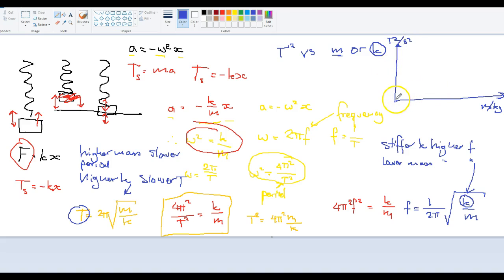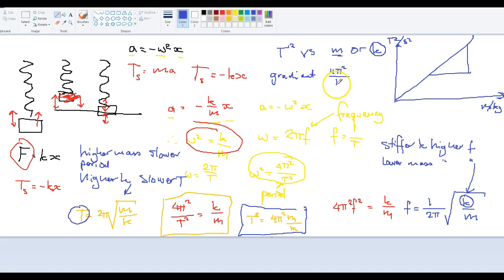We should get a straight line where the gradient, take the equation that we have down here, gradient would be 4 pi squared over k.